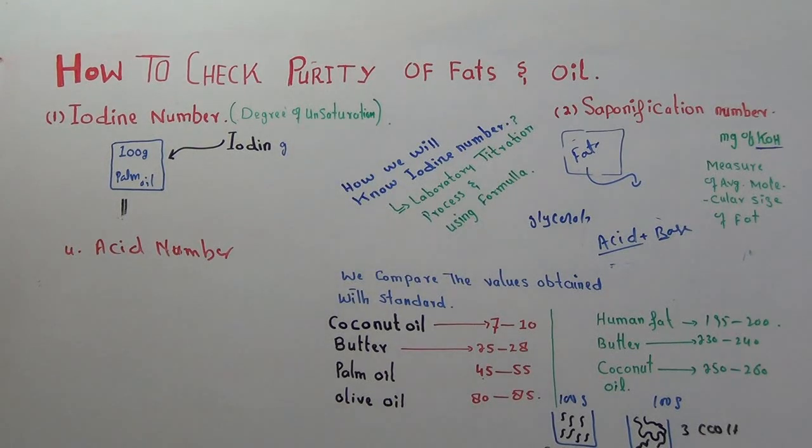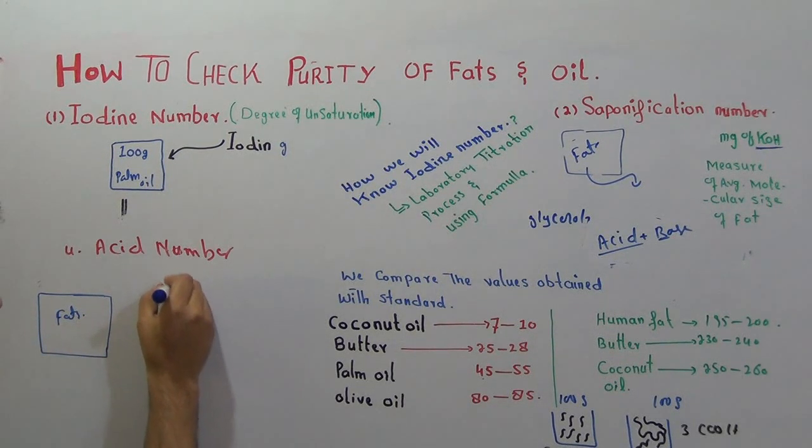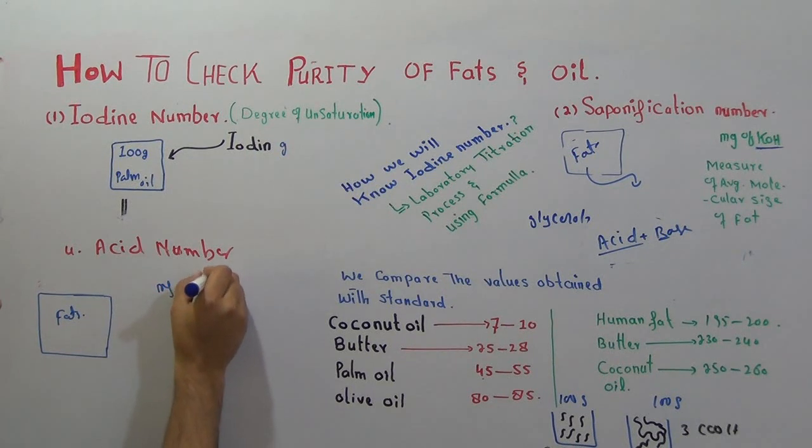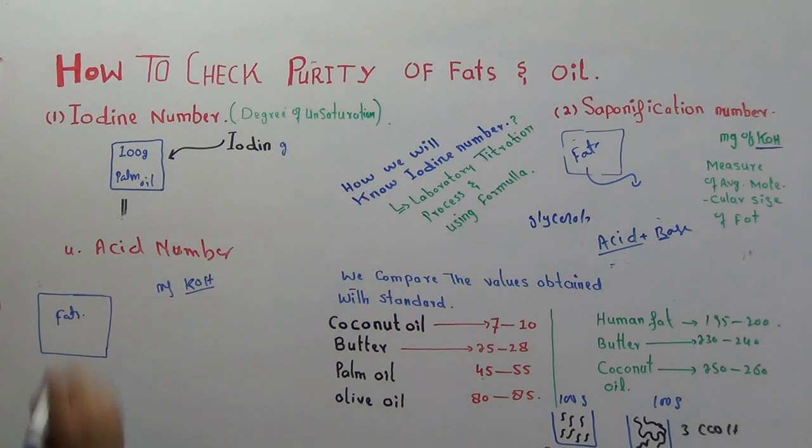For the acid number, what we do is take out some fats again and react them with a milligram of potassium hydroxide. We will react it with the fat, and once again we will do a neutralization reaction, because it's a base and the other is an acid.